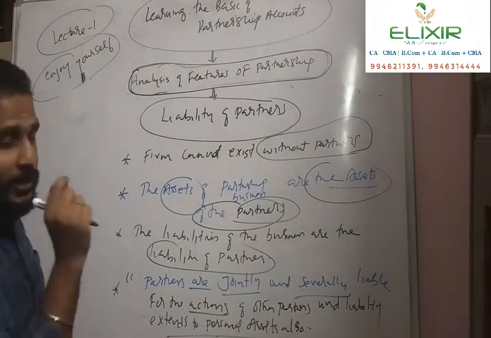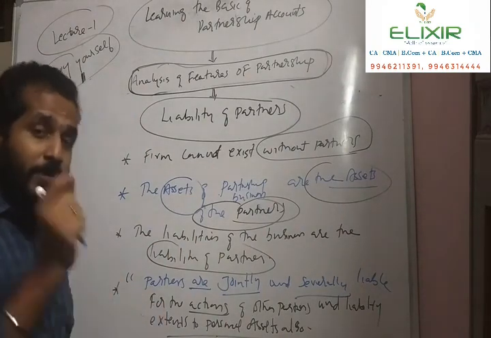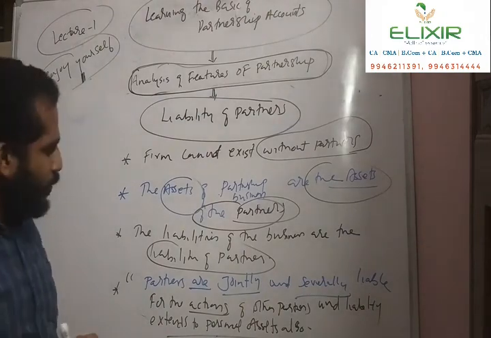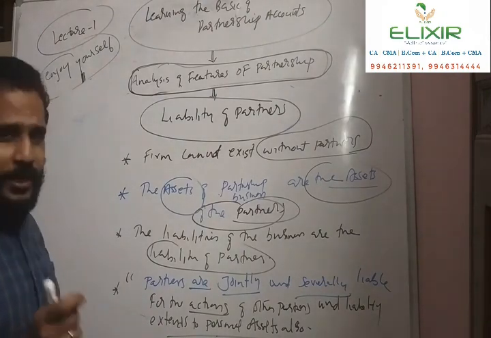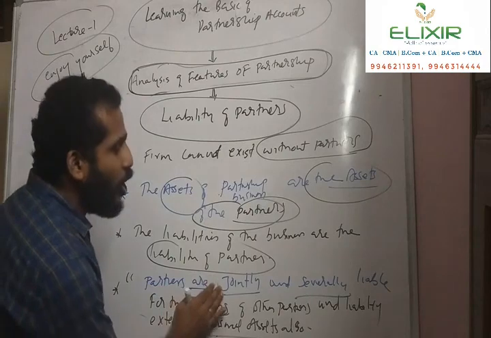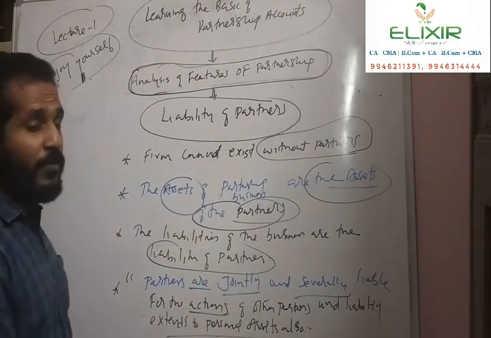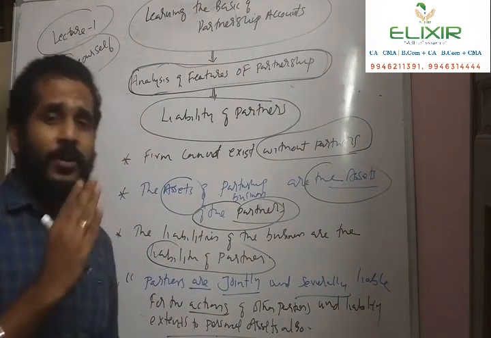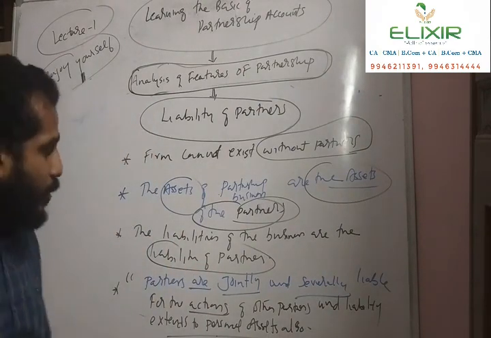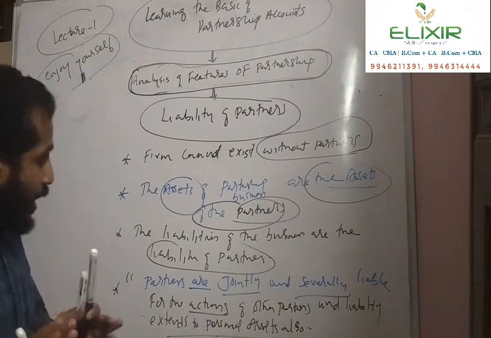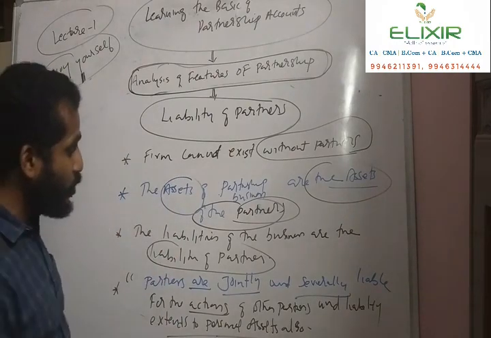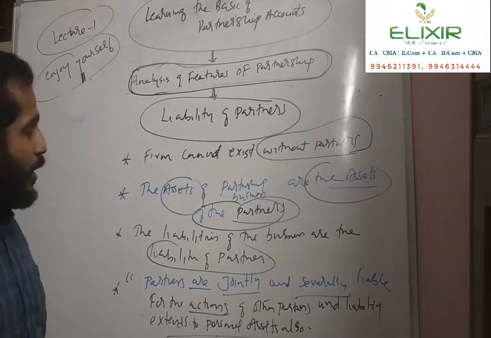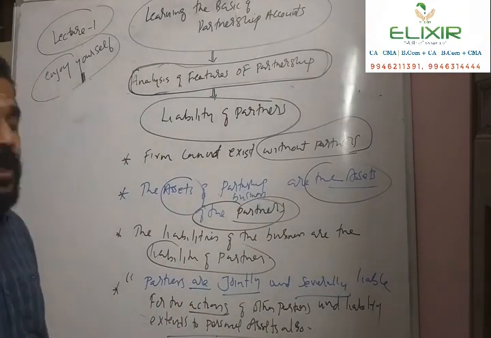In the same way, the liabilities of the business are the liabilities of the partners, which is beautifully encrypted in the Act. So let us see that. Partners are jointly and severally liable for the actions of other partners, and the liability extends to their personal assets also.